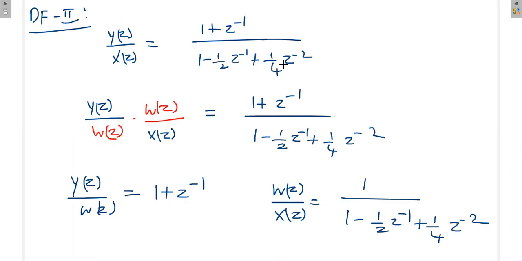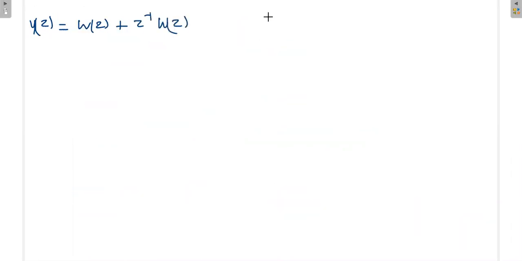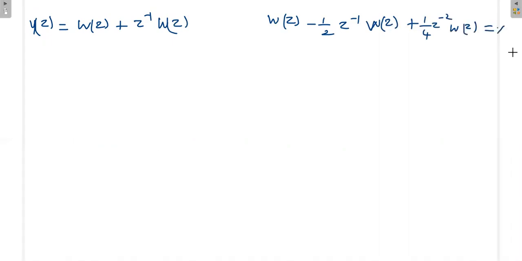Again from this we can write w z minus 1 by 2 z inverse w z plus 1 by 4 z power minus 2 w z is equal to x of z.